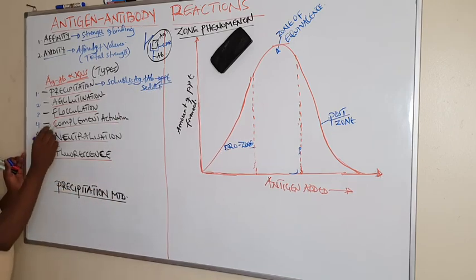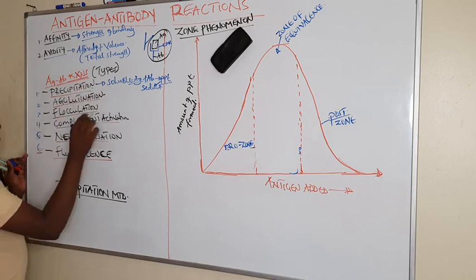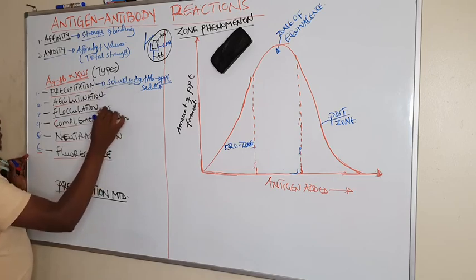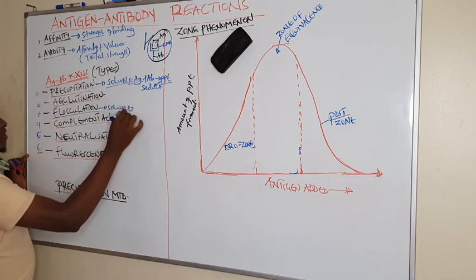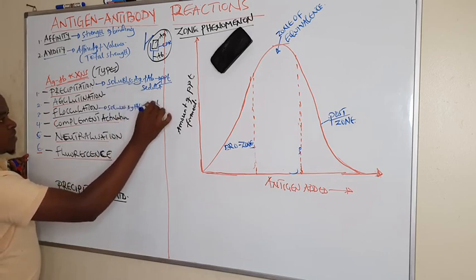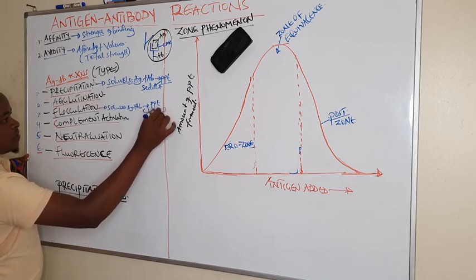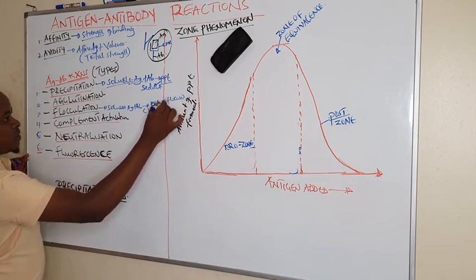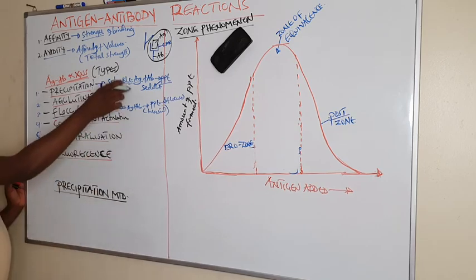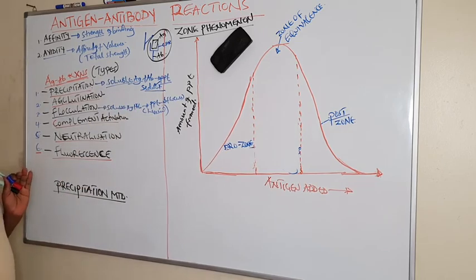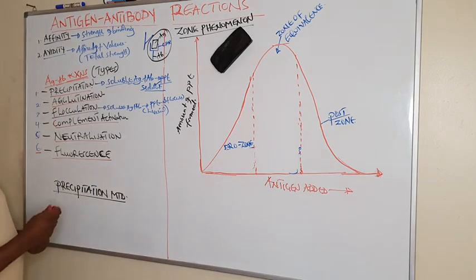This gives us a difference between precipitation and flocculation, whereby flocculation also involves soluble antigens that react with antibodies to form a precipitate which is always suspended in the liquid. This gives us what we know as the floccules, because they are suspended in the liquid. Whereas precipitation forms a sediment. That is the difference between precipitation and flocculation.